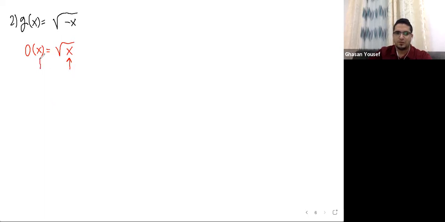What if you substitute instead of this? You change this inside. You substitute something. What if you substitute minus x inside the function? What are you going to get? f of what?